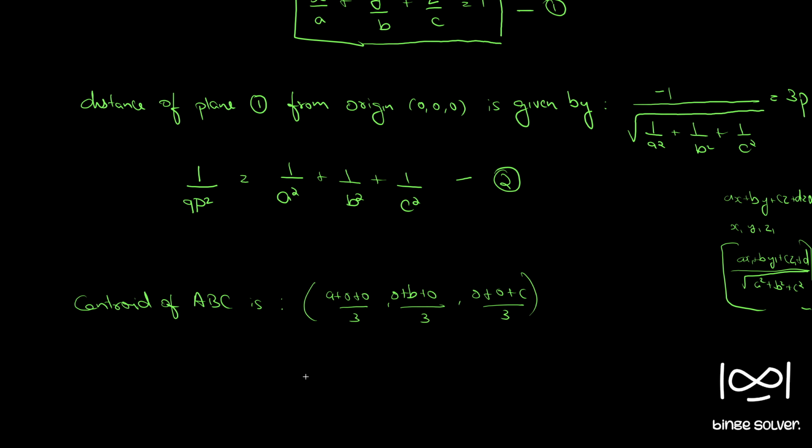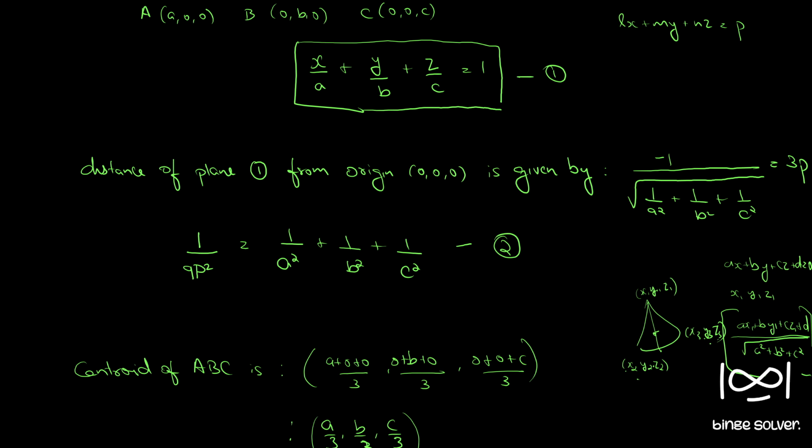If you have 3 vertices (x1, y1, z1), (x2, y2, z2), (x3, y3, z3), the centroid of these points is given by (x1 plus x2 plus x3) by 3, (y1 plus y2 plus y3) by 3, (z1 plus z2 plus z3) by 3. That is what we have written, which is nothing but a by 3, b by 3, c by 3. This is the centroid.